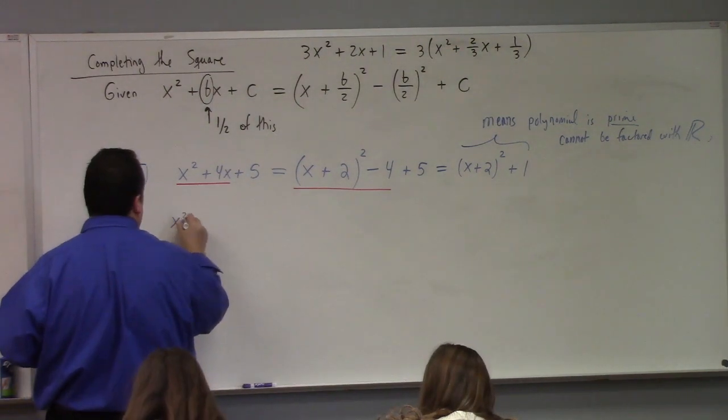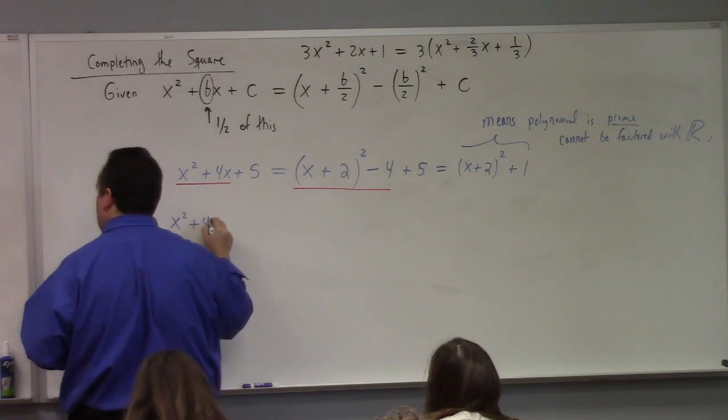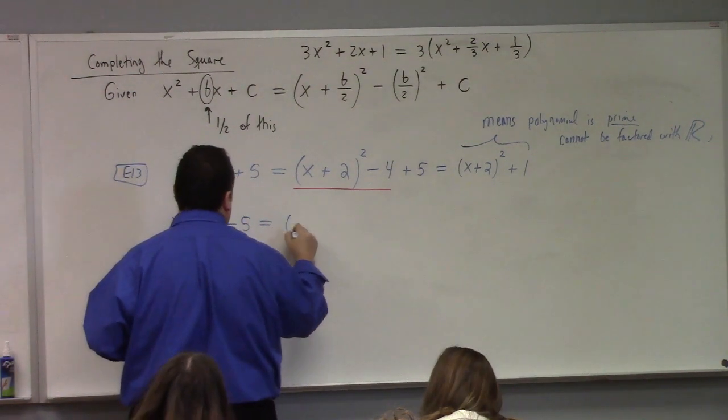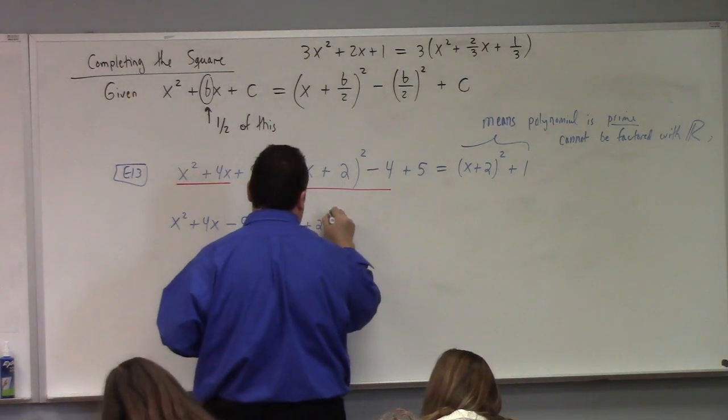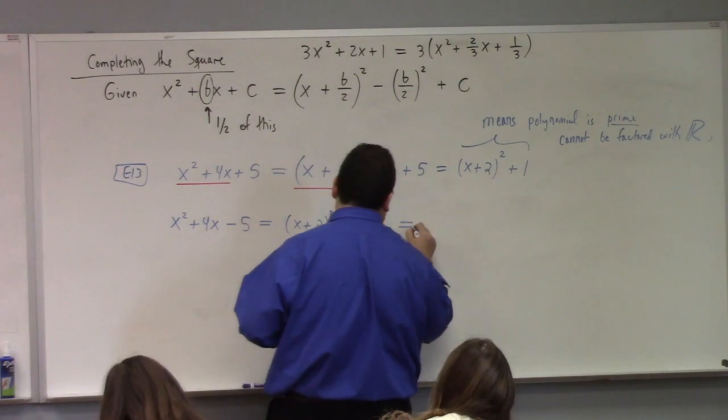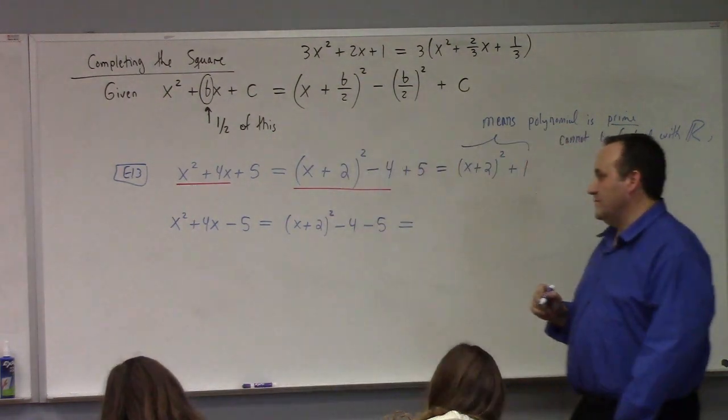How about x squared plus 4x minus 5? Complete the square. Pretty much the same, right? What's the difference, though?